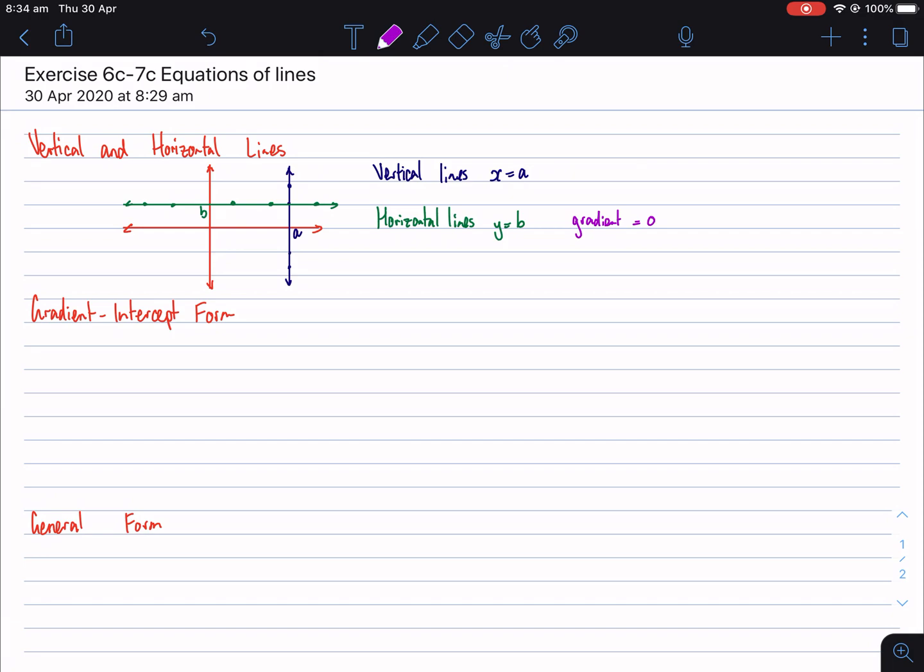It's 0. What's the gradient of the vertical line? Undefined. Because remember, gradient is rise over run, and here the run is how far along in the x direction it goes, and it's rise over 0, and you can't divide by 0, so it's undefined.